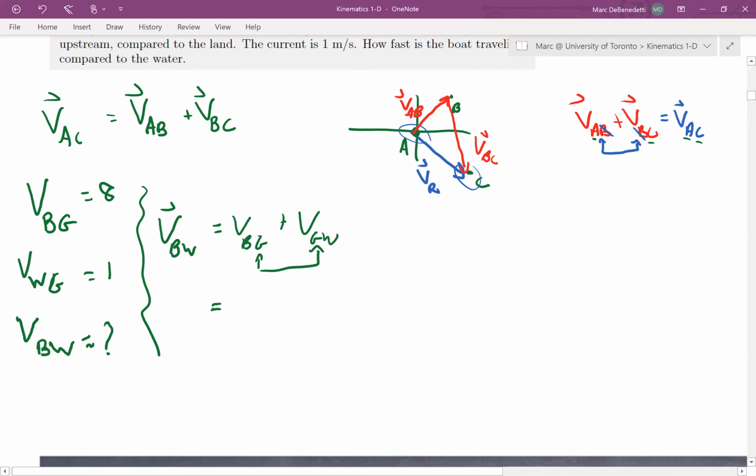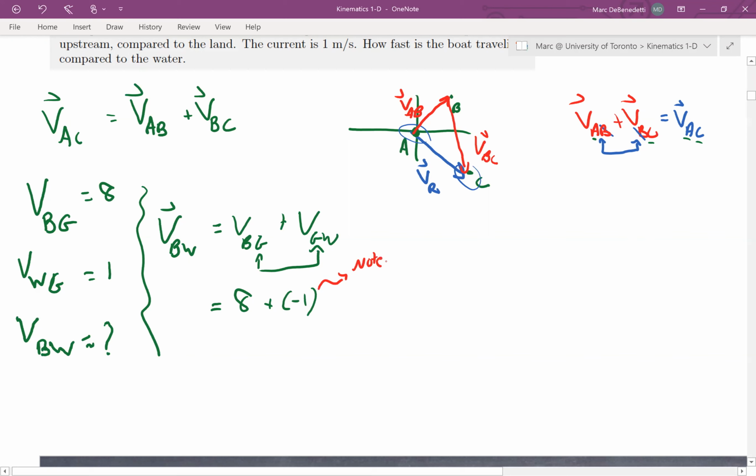So the speed of the boat compared to the ground we know is 8. Do we know the ground compared to the water? Well, no. We know the water compared to the ground. The water compared to the ground is 1. So if we want the ground compared to the water, it's just the negative of that vector. So it's actually going to be -1.